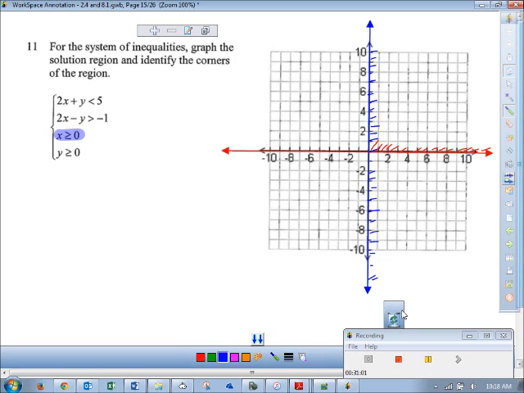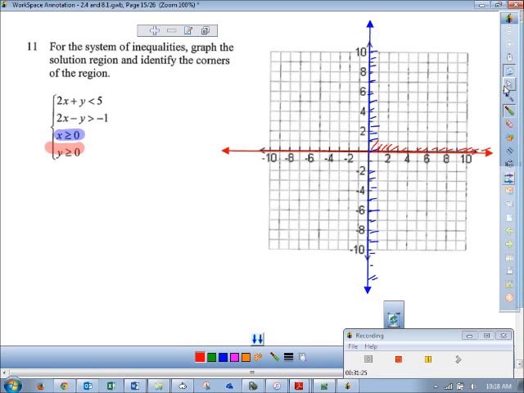That's where x is greater than or equal to 0. Then the other one, the red one right here, y is greater than or equal to 0. That's a horizontal line, and I need to shade above that line because it's still greater than. Right? And I didn't care about any of this over here because it doesn't satisfy the blue one. So far, so good. Just those two basic ones.